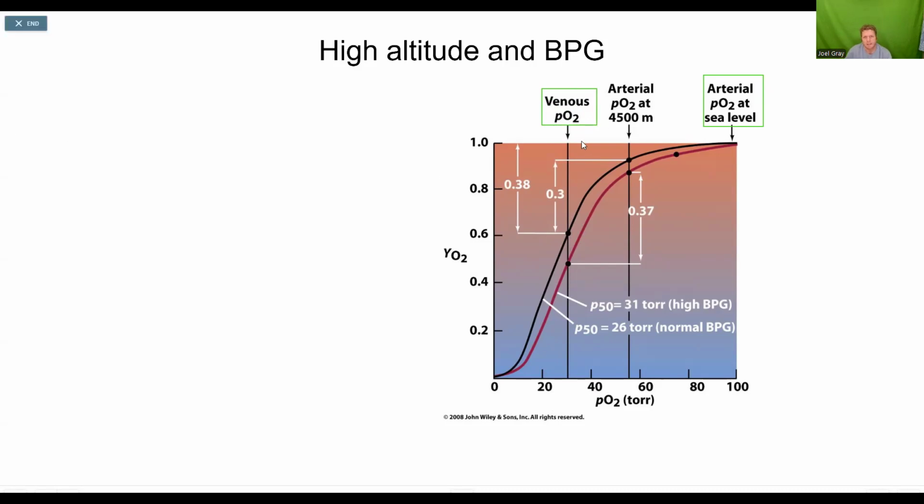Essentially what that's saying is that the difference between our arterial O2 level at sea level versus the venous PO2 is approximately a drop of 0.38. Another way to interpret that is 38%. So basically, your oxygenated blood versus your deoxygenated blood. So let me get my pen.